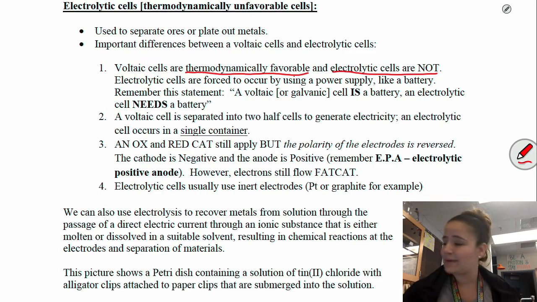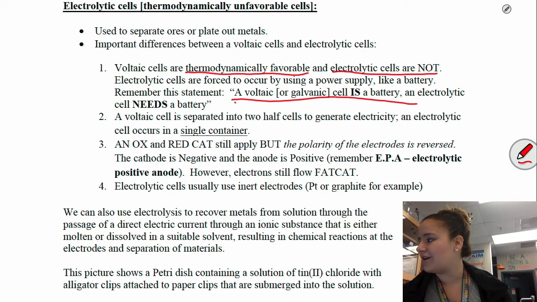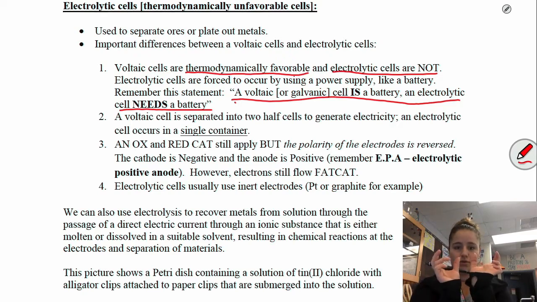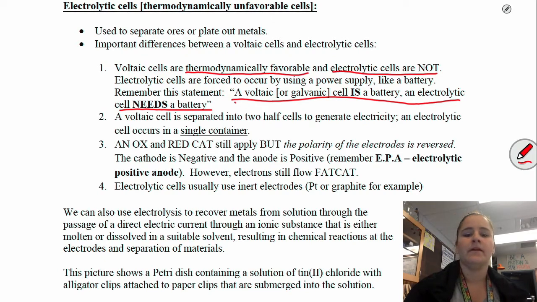The way I remember it is a voltaic cell is a battery, an electrolytic cell needs a battery. Another important distinction is that in voltaic cells, we had our 2 half cells creating our cell with that salt bridge. An electrolytic cell is just in one container. You'll see this in a mini lab that we're going to do later.